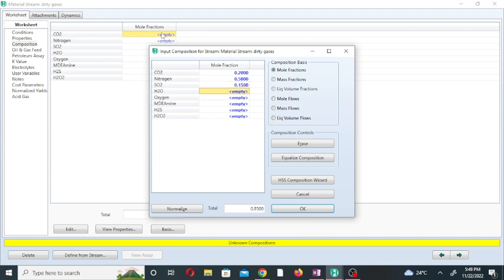Water is 10%, oxygen is 5%, 0.05, and H2S, and these are 0.